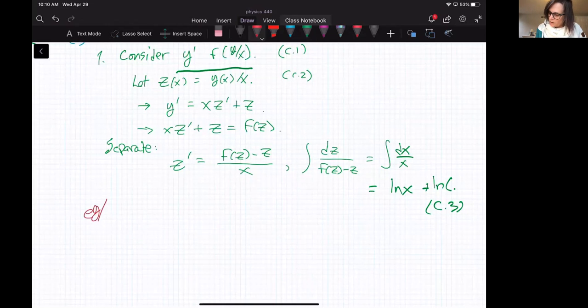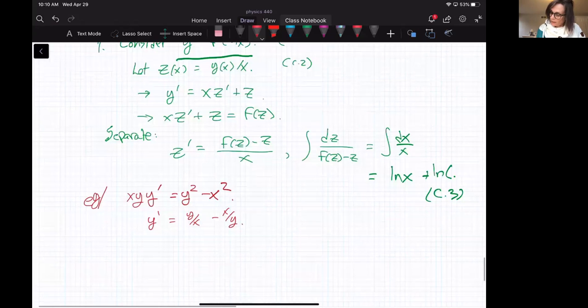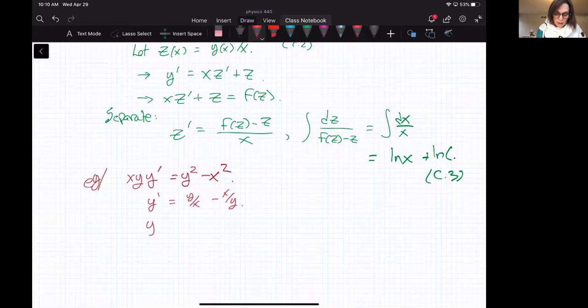Let's suppose we have a differential equation that looks like this: x y times y prime is equal to y squared minus x squared. To get this into the form we want, we isolate y prime. So that's y prime is equal to y over x minus x over y. That's fortunate. Right, so now we have y prime.